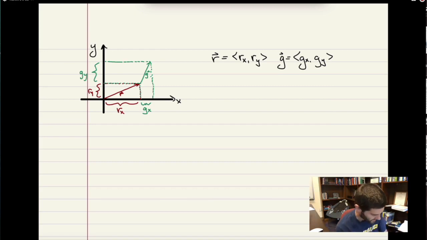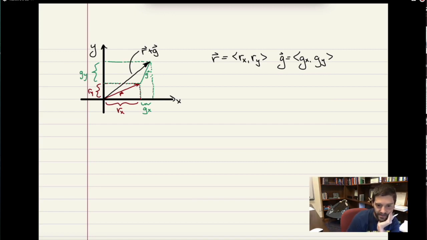And then if I were to draw the sum of the two vectors, we've already drawn it for ourselves. This arrow that I'm drawing here in black, that would represent r plus g.